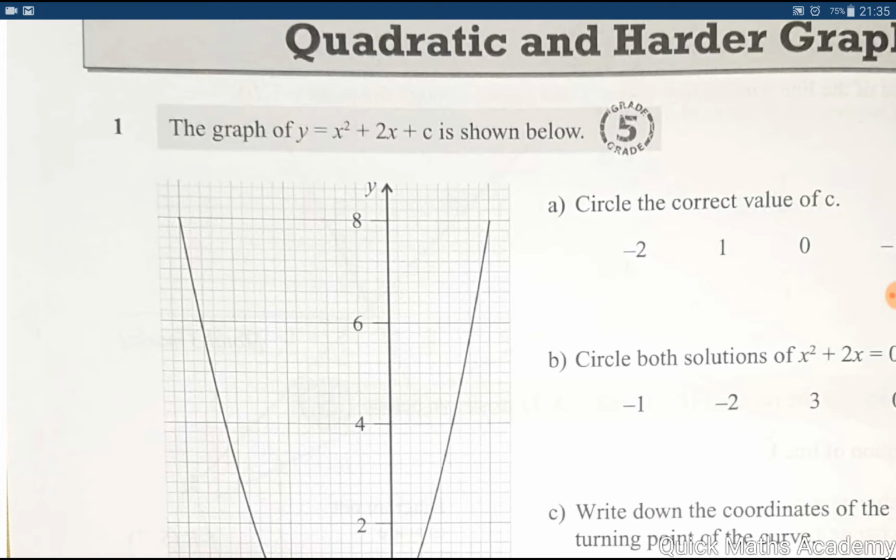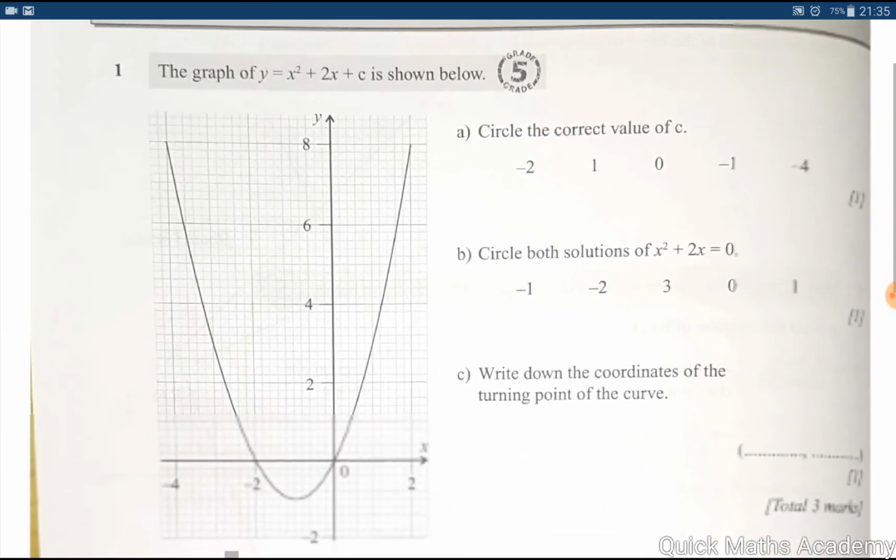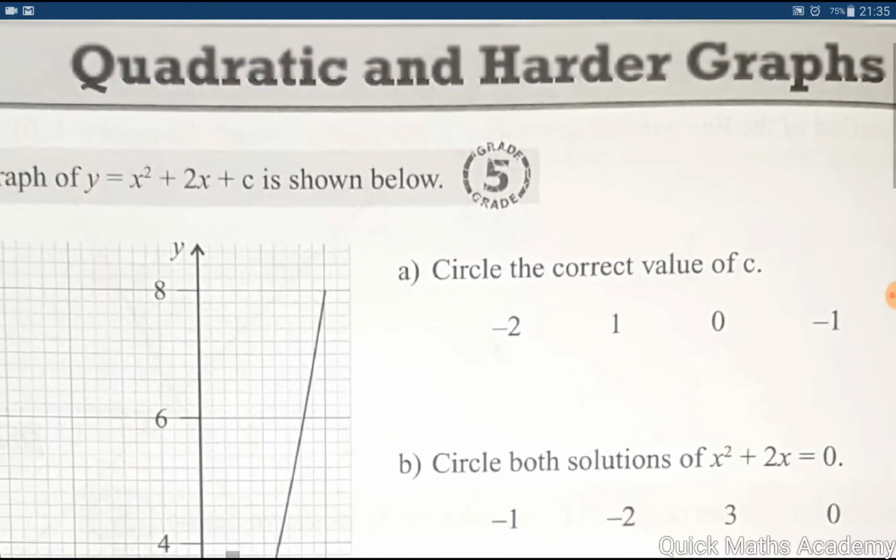So the graphic of y equals x squared plus 2x plus c is shown below. Alright, so you have this graphic here, nice graphic, etc. And immediately I look at this and I know some things, and I don't know some things also.